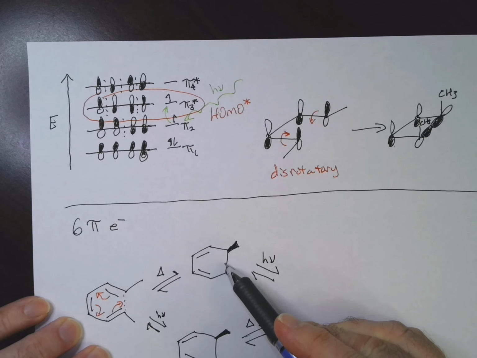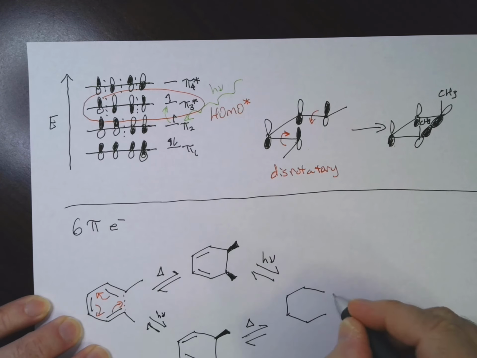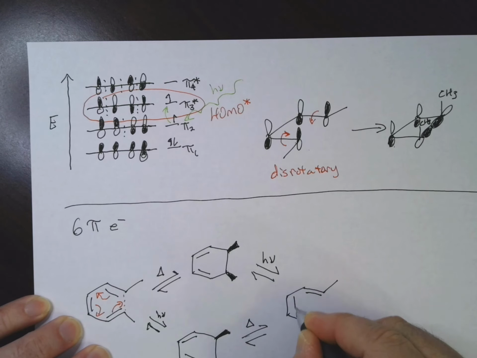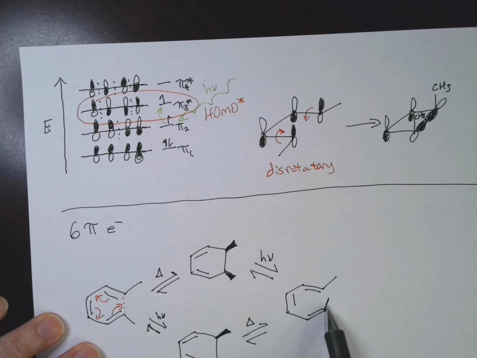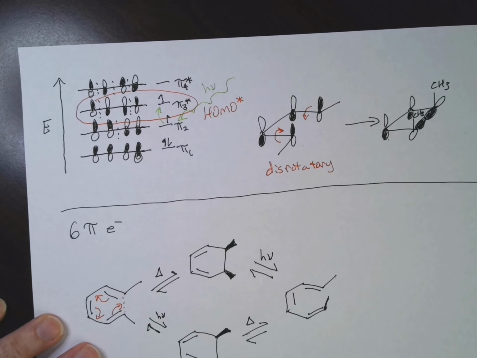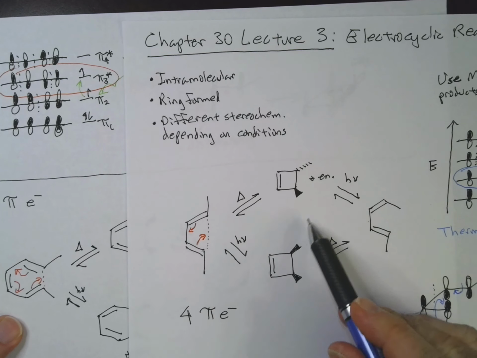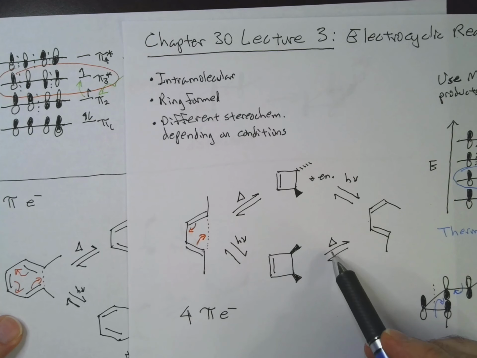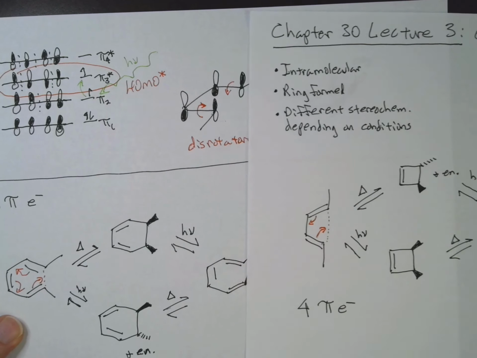And then treating this with light will open the ring back up. But what we see is we don't go back to this product. Instead, what we get is the following. So this methyl group is trans here, but now this one is cis to the rest of the stuff there. So sort of like how we got a different opening in different conditions for the 4 pi electron system.